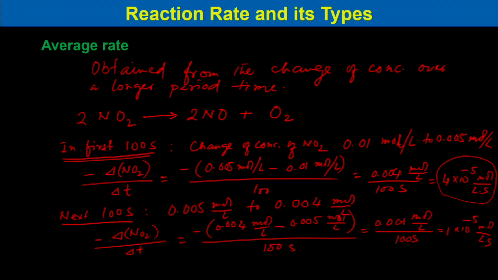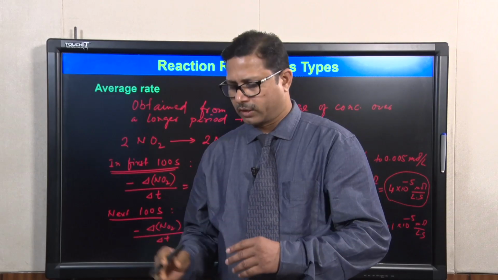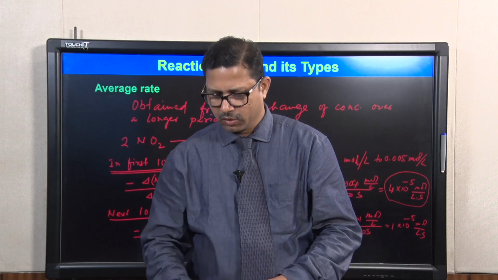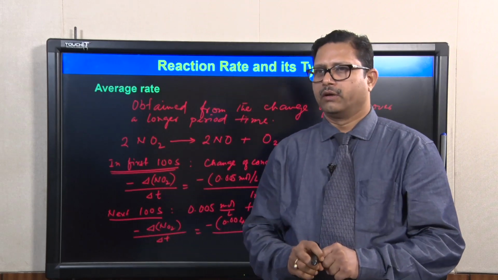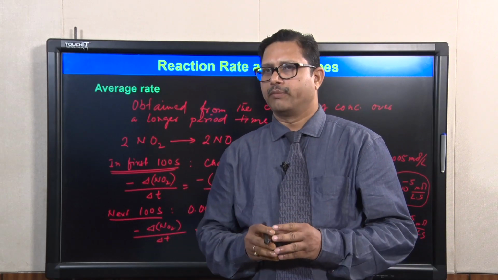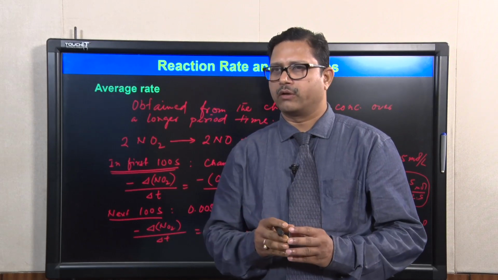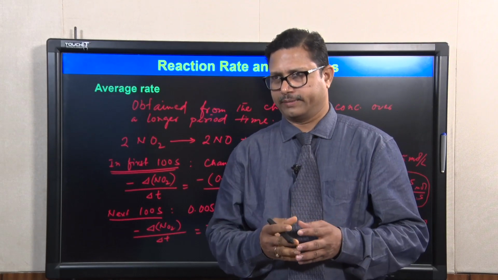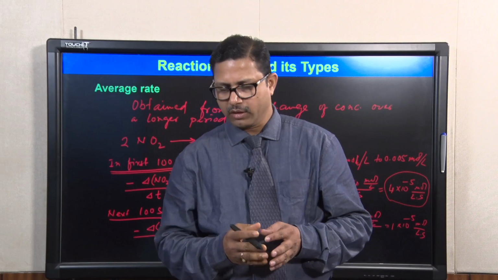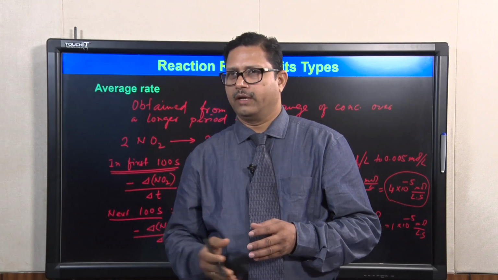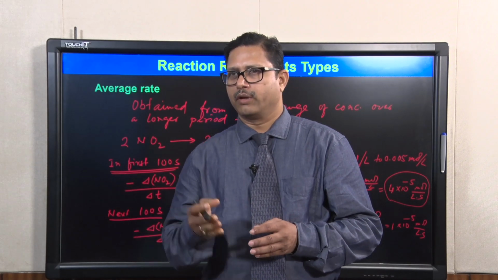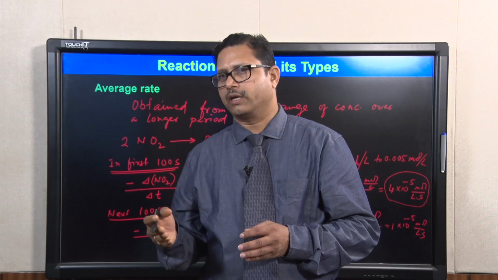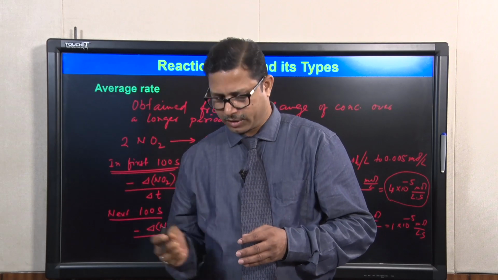This happens because the concentration of the reactant drops over time. So, the average rate will obviously be much less compared to the initial rate, because the instantaneous rate is gradually decreasing because of the change in concentration.